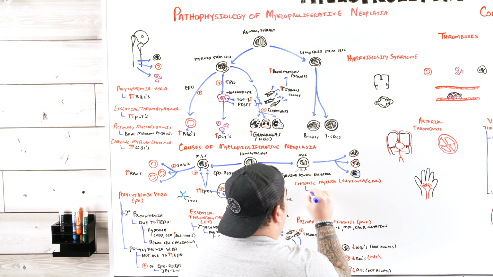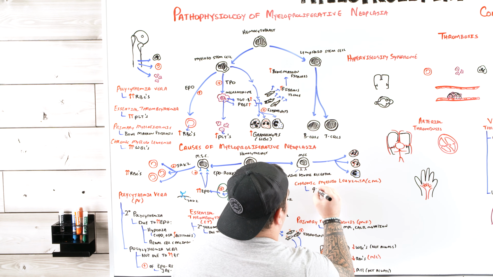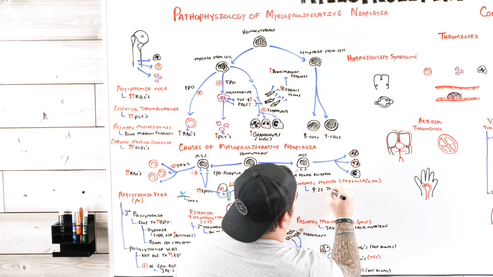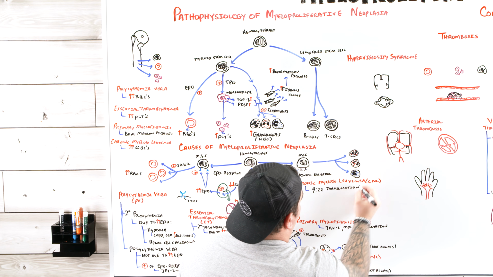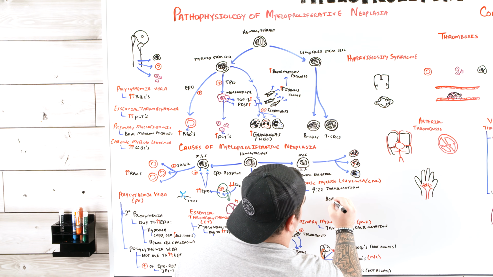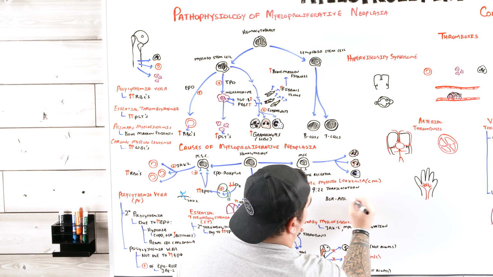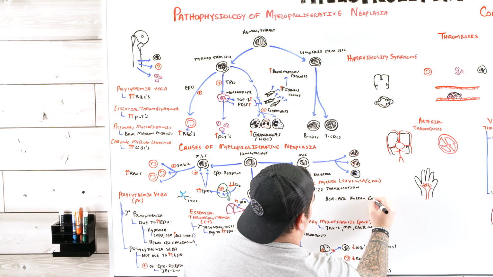That's what will happen in chronic myeloid leukemia. You'll have what's called a 9/22 chromosomal translocation, which leads to the BCR-ABL1 fusion gene.